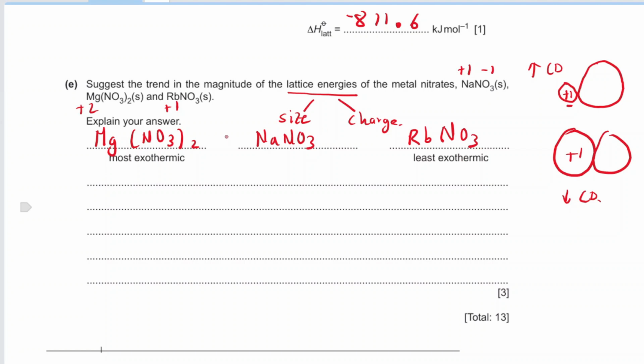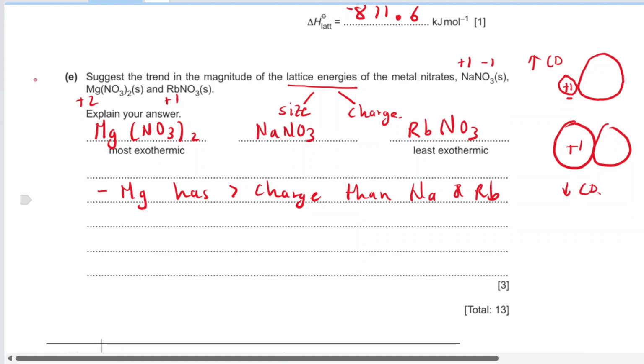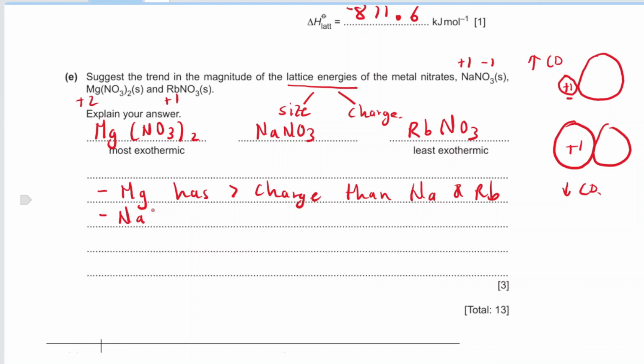And regarding the reasons as to why that's the case, here you'll first say that magnesium has greater charge than sodium and rubidium. Then you should say that sodium Na+ is a smaller ion than rubidium, right?